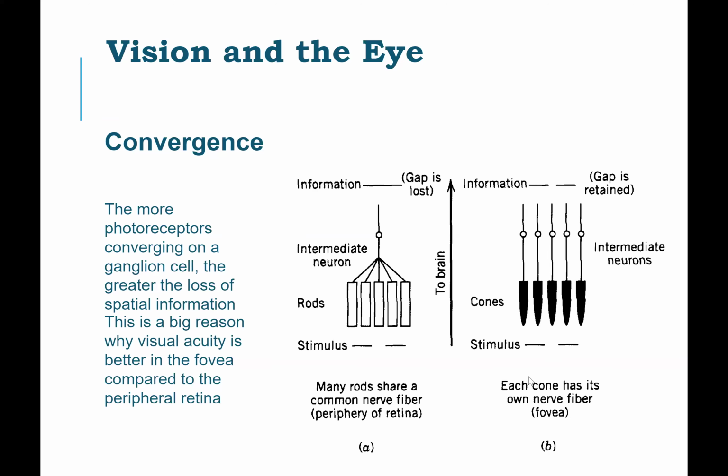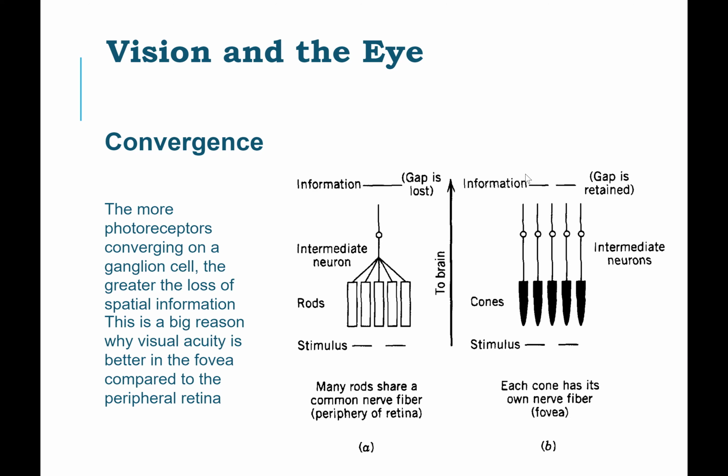In this context, if I say rods have a large convergence factor to ganglion cells, it means that the responses of a large number of rod cells are being averaged out to go to a ganglion cell. When I say cones have a low convergence factor, it means that every cone or very few cones are connected to one ganglion cell.